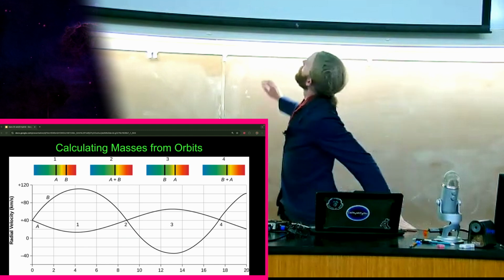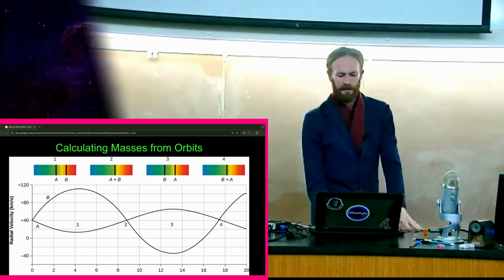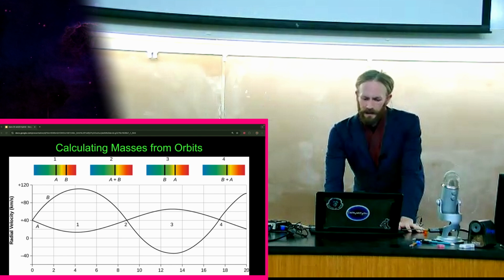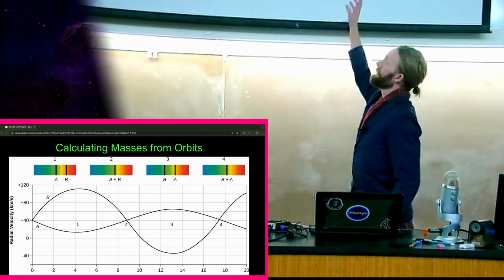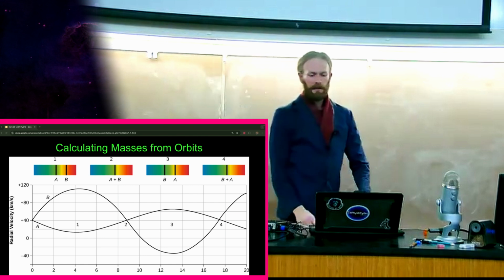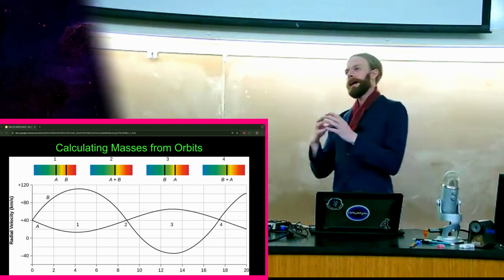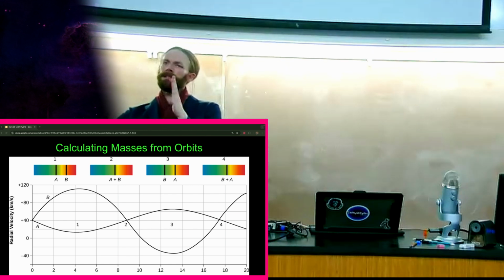We have essentially two tracks, one for each of the stars in the system. The basic idea is that if we know the average velocity from the way these Doppler shifts happen with the lines, we can essentially time how long one star moves in one direction versus the other.